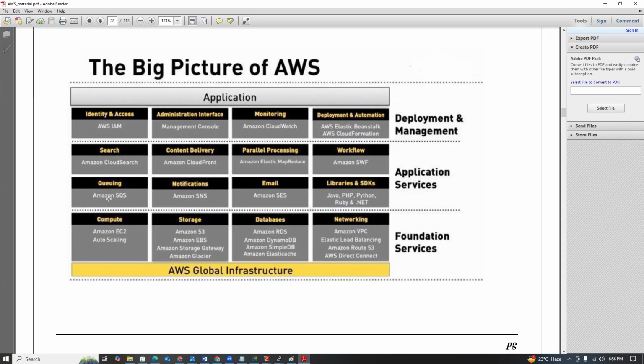Queuing, content delivery, notification, parallel processing, email, workflow, libraries, and SDKs. Then deployment and management: identity and access, administration interface, monitoring, deployment and automation. This is the big picture of AWS: they are providing foundation services, application services, and deployment and management services.